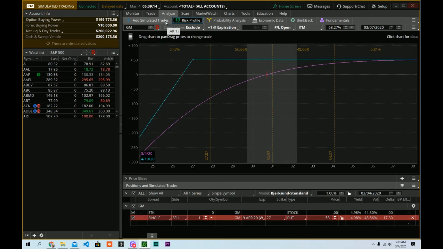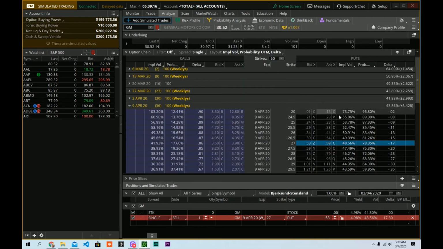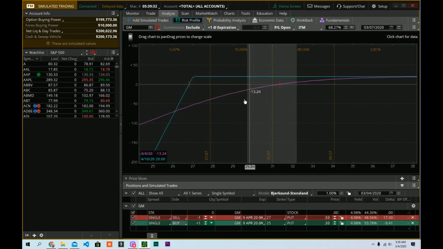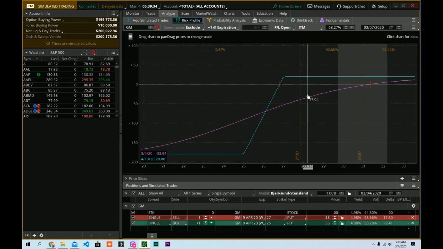So what you could do is turn this into a vertical, all right? And we're looking for something that's a little more liquid. So what if you did a $2 wide? So take a $2 wide. You don't want to sell it though, you want to buy that one. Okay, we look at that risk profile now. Your max loss is not $2,600.